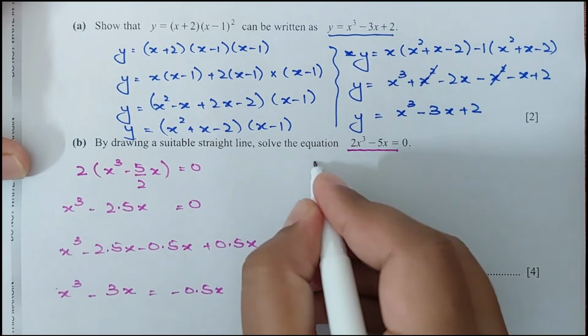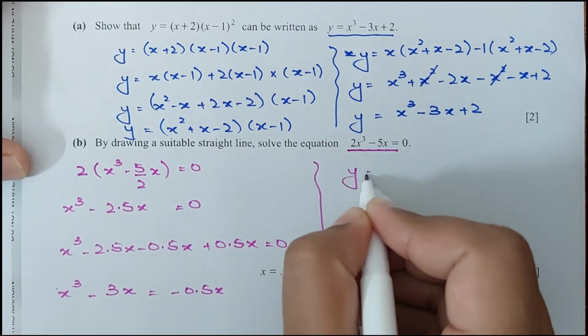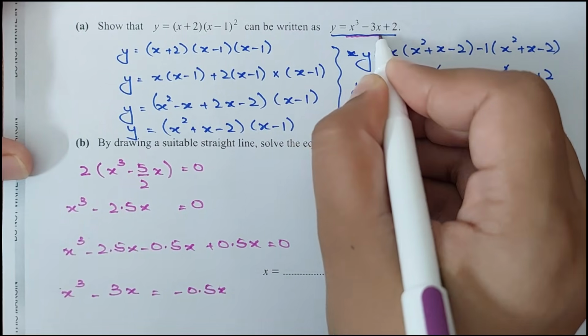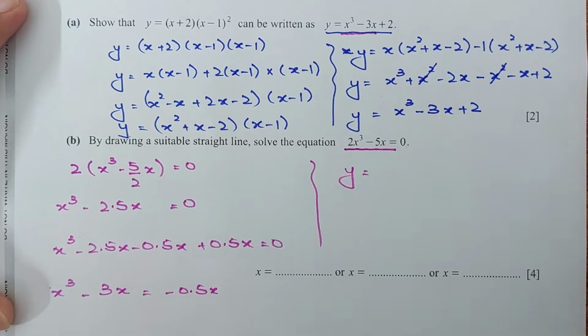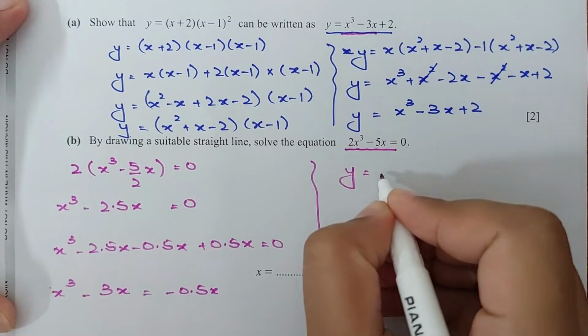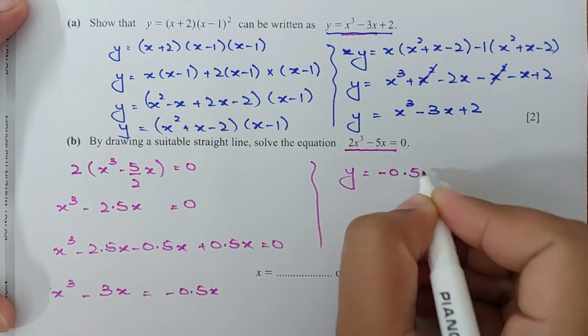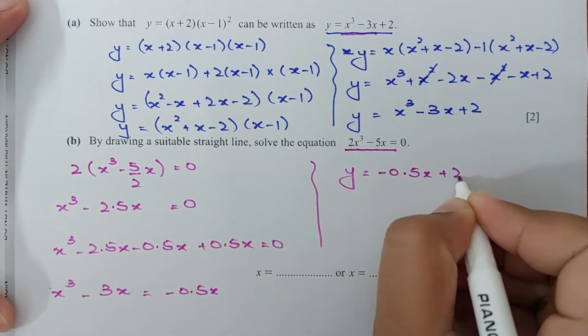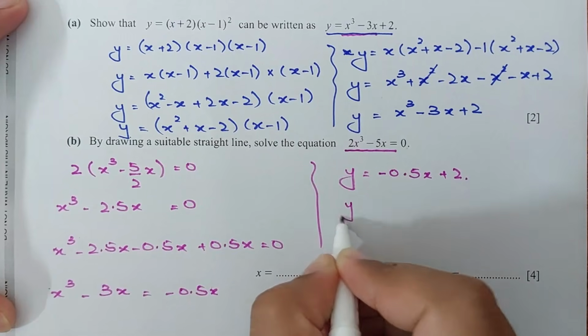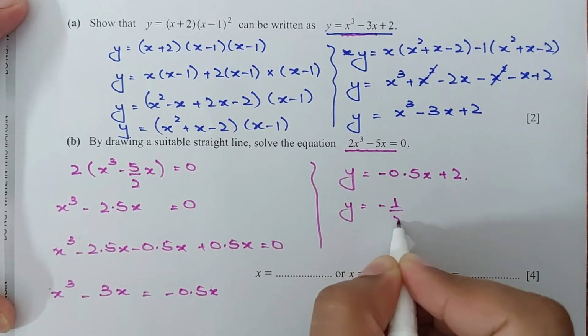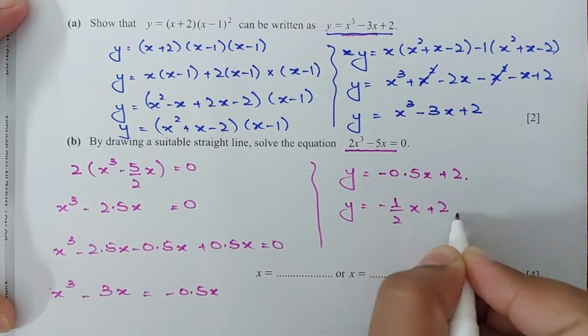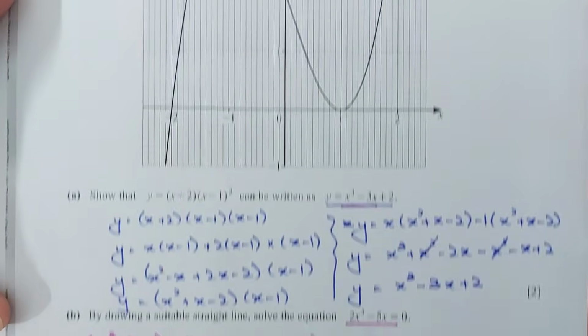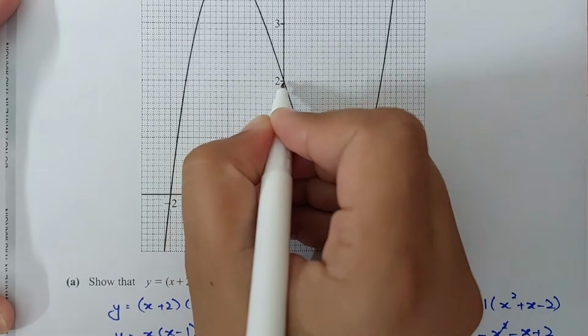Just plug this into the equation. So we have y equals x cube minus 3x, this would be equal to minus 0.5x and plus 2. So that line is y equals minus 1 over 2 x plus 2. So 2 is the y-intercept.